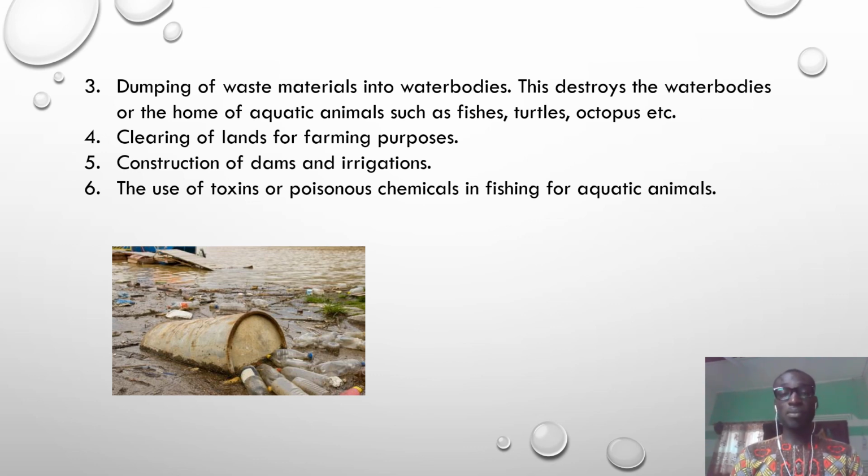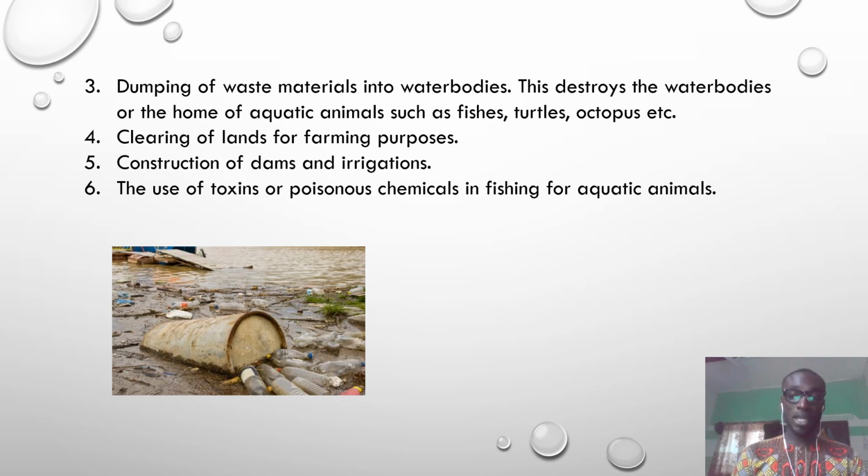So these are some of the human activities that cause an imbalance in the ecosystem. We talked about illegal mining, which is mostly known in Ghana as galamsey, and then we talked about deforestation, cutting down trees without planting new ones to replace them.